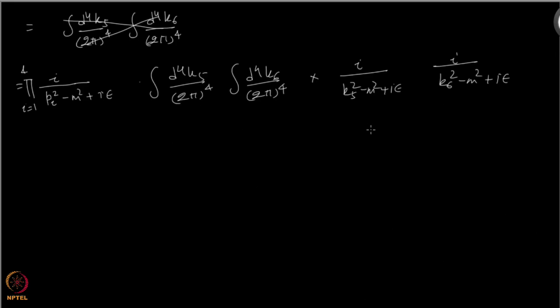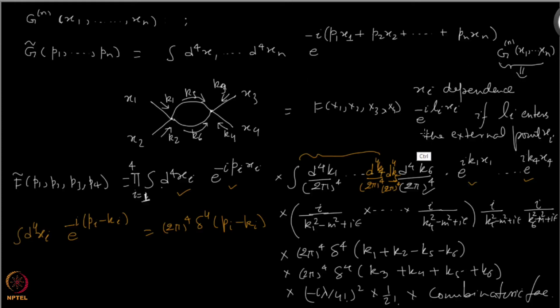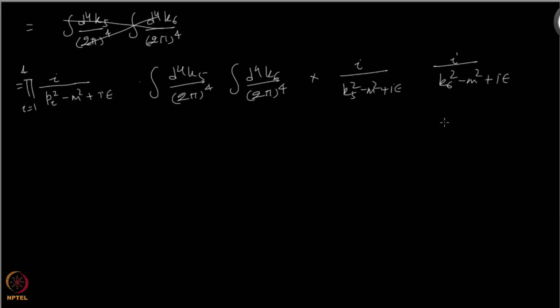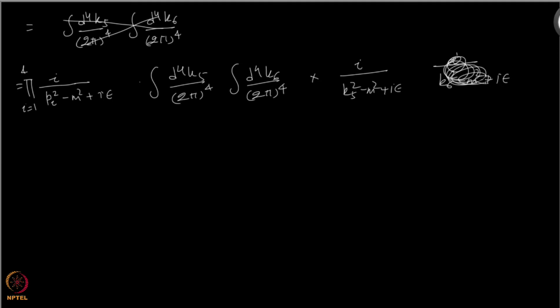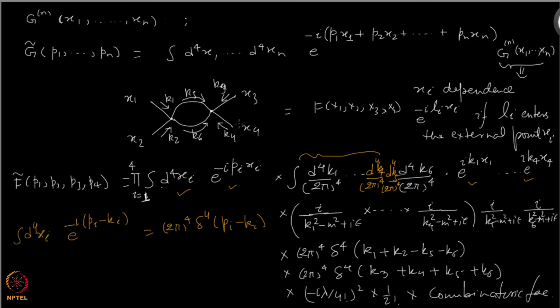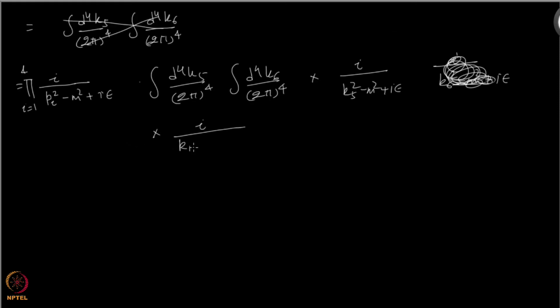So I will change this one now because I am doing that integral. So this one will be changed to i over (k1 plus k2 minus k5) whole squared minus m square plus i epsilon. I have just done the k6 integral, and here you had a k6 squared, which I have changed to this.